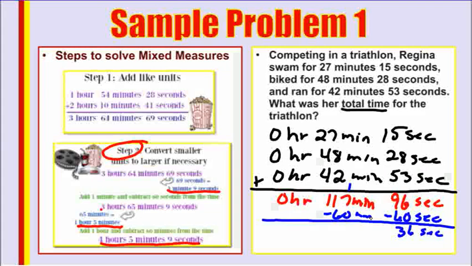So 118 minus 60 gives us 58 minutes. But because I subtracted 60, I gained an hour. So that would be 1 hour, 58 minutes, and 36 seconds would be her total time for her triathlon.